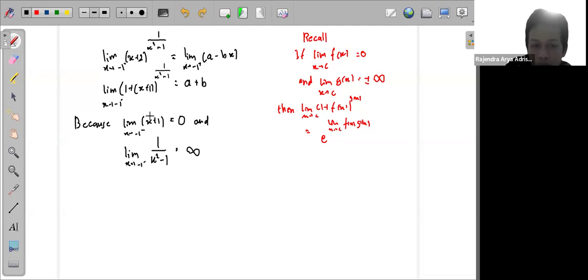Okay, because the limit of this is 0 and the limit of this is infinity, we can use our theorem with red text here.